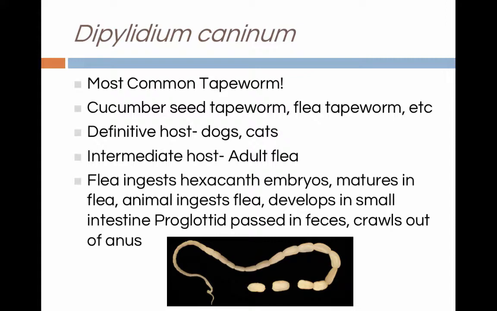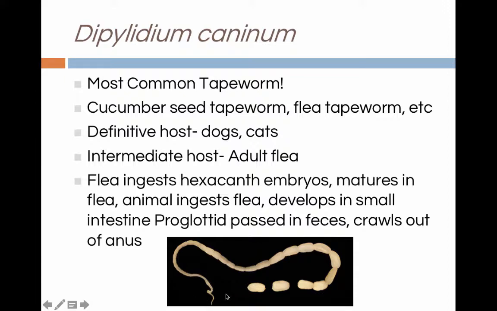Right down here you see a picture of the worm. See, I've got my mouse cursor running over it. This is what the adult parasite looks like. Its body grows and forms these segments that are known as proglottids. There's the word right there, proglottid. These proglottids break off and are passed in the feces.